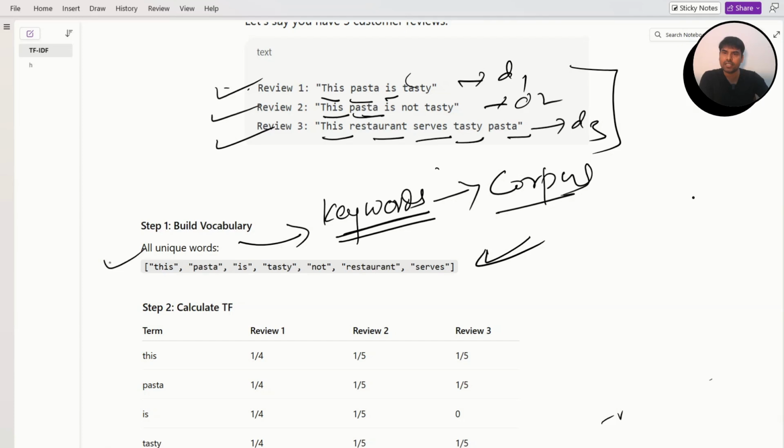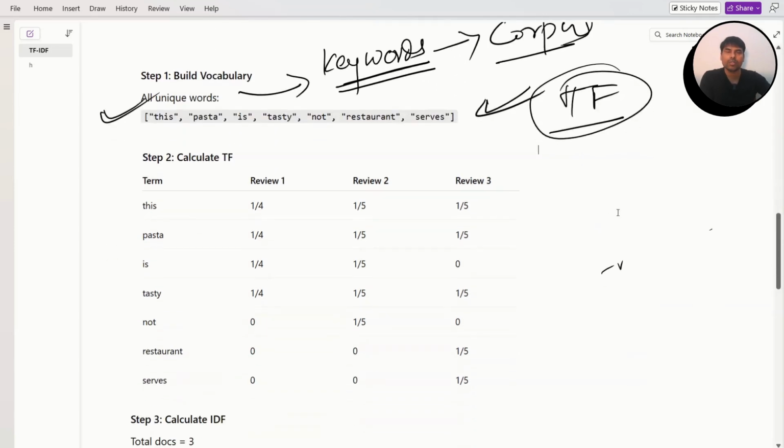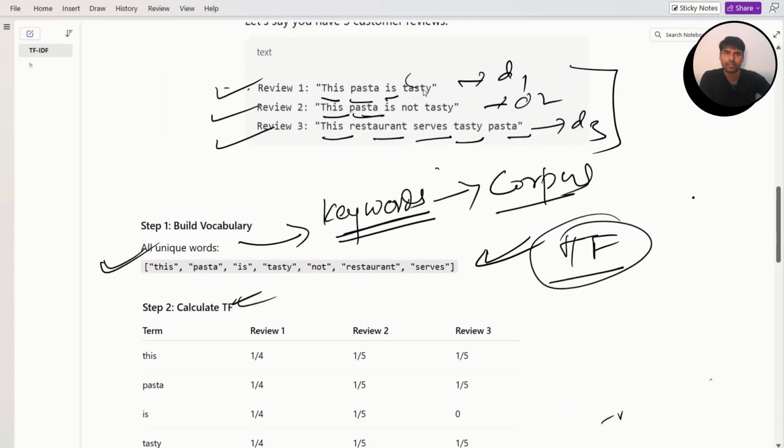Now for each keyword I need to find the TF, the term frequency. So how to find that? Generally we prepare a table, a TF table. We have 3 columns for the documents, because we have 3 documents, D1, D2, D3.